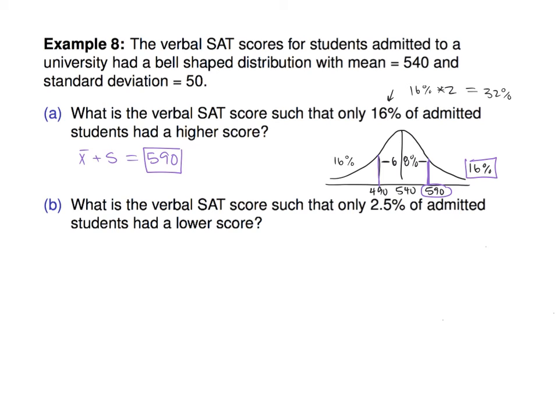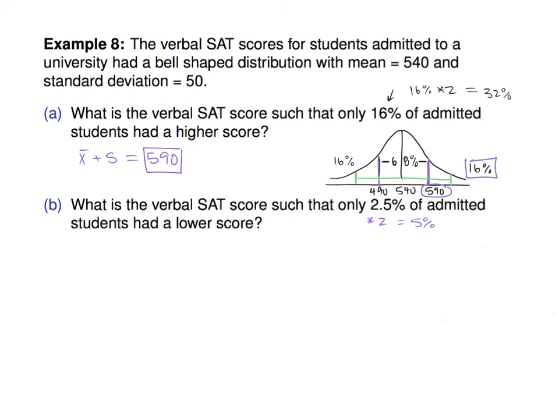Now for the next question, what is the verbal SAT score such that only 2.5% of students have a lower score than you? Well, the hint there is that 2.5 times 2 is 5%. So we're probably looking at something that's related to the 95% part of that empirical rule. And so remember that 95% fall within 2 standard deviations.